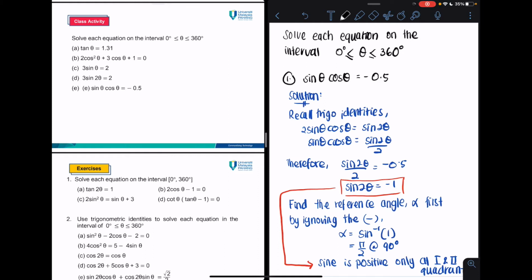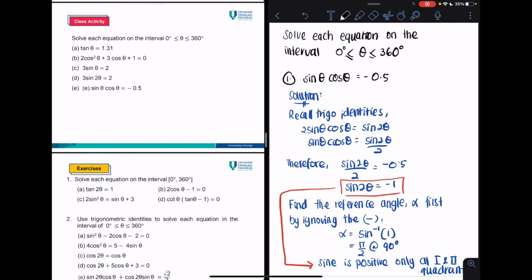This question asks you to solve the trigonometry equation within the interval of 0 to 360 degrees. The expression is given as follows. Solve sine theta cosine theta equal to negative 0.5. When you try to solve this problem, recall the trigonometry identities. 2 sine theta cosine theta equal to sine 2 theta.